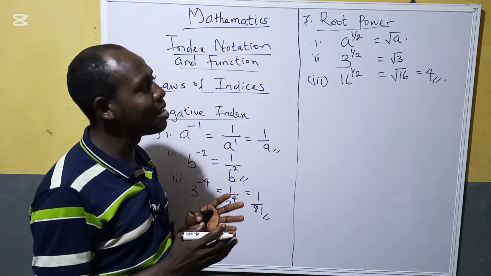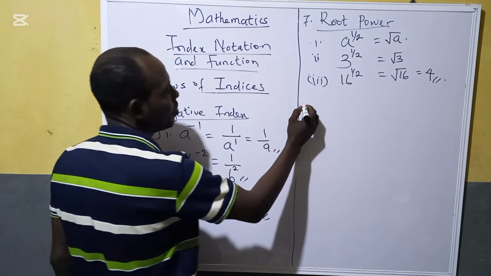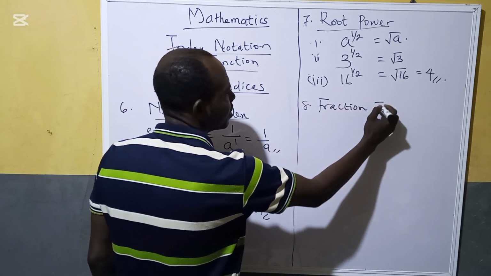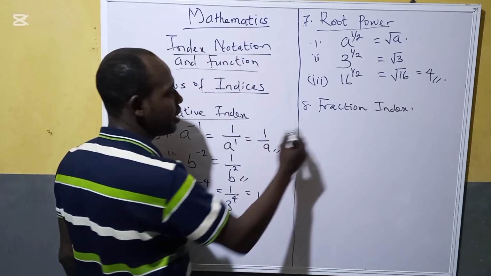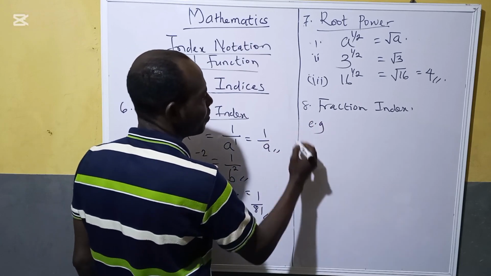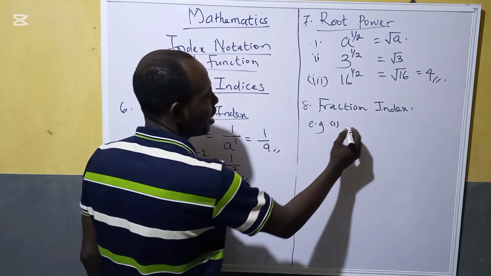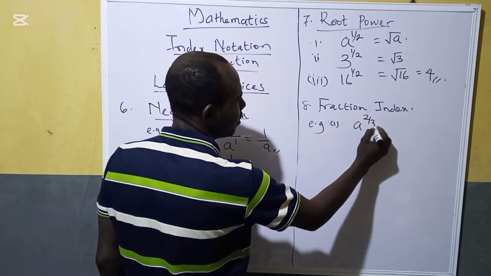Now, this will take us to the last law of indices that we are looking at, number 8, and that is fraction index. Now for this, if you have an example, number one, let's say we have a raised to power of 2 over 3.